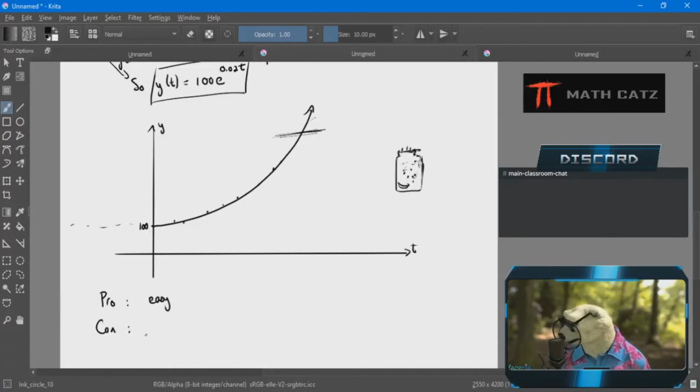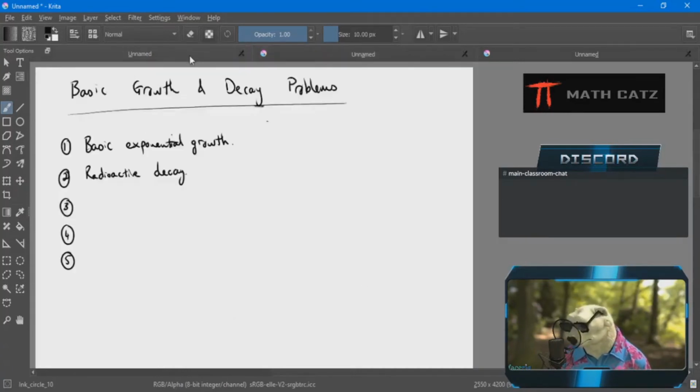So a con could be that it ignores any space limitations. So we could then say, okay, what if we change this model a little bit, trying to incorporate the idea that limited space does slow down the growth of the population.